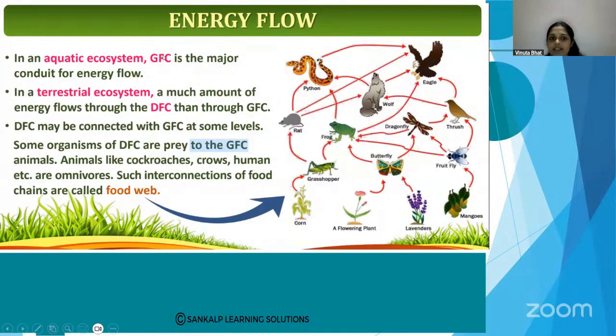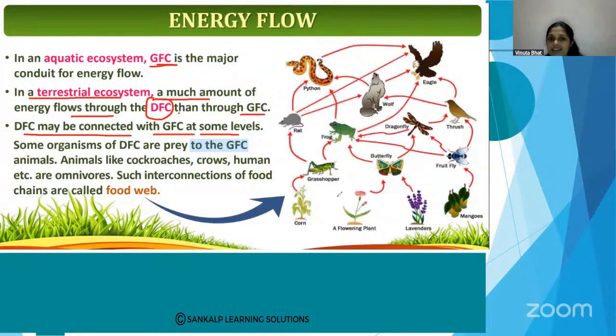Grazing food chain means the primary consumer that depends on the living organism is called the grazing food chain. In a terrestrial ecosystem, much more energy flows through the DFC, that is the detritus food chain, than the GFC. DFC may be connected with GFC at some level.